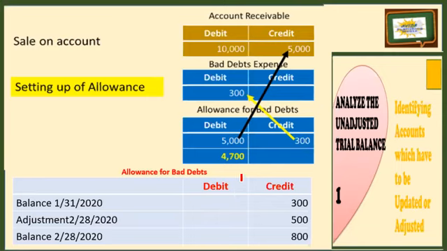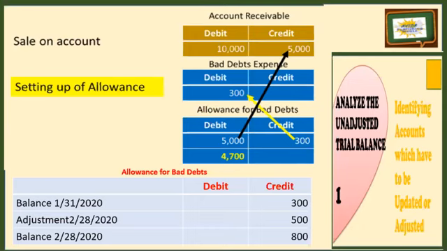So the allowance for doubtful accounts can either have a debit balance or a credit balance, just like the allowance for accounts receivable using the percentage of receivable.